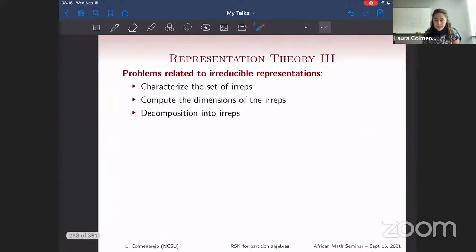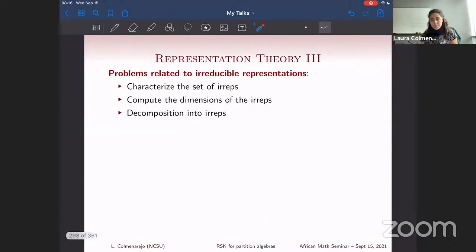Now, the problems that I care about are related to the irreps. So I want to do three things. I want to characterize the set of irreps. That is, I want you to give me a set that is indexing all the irreducible representations.